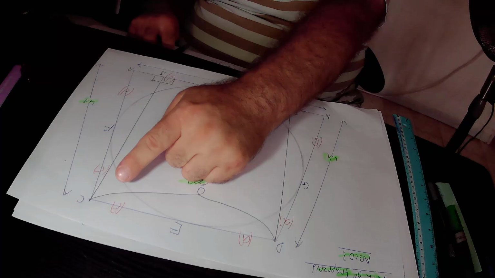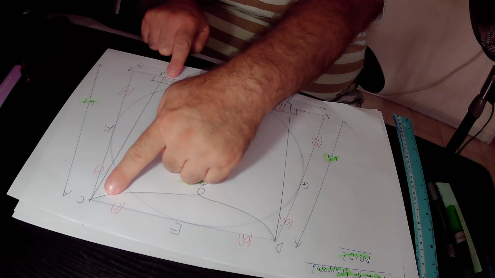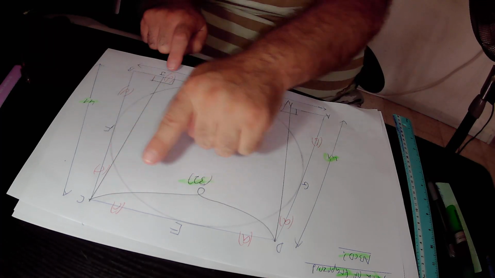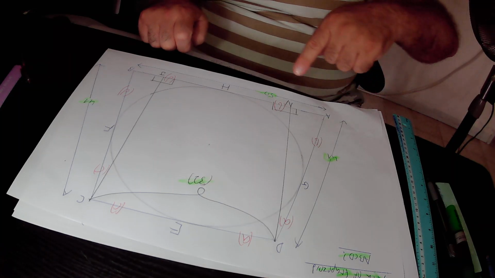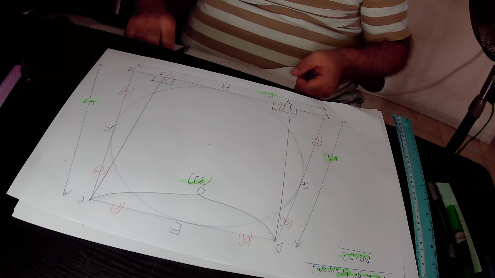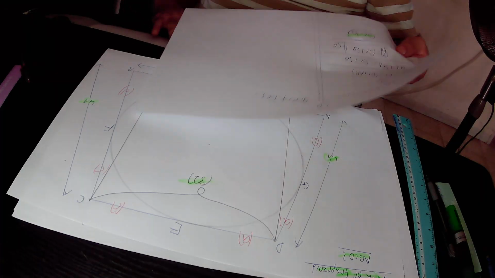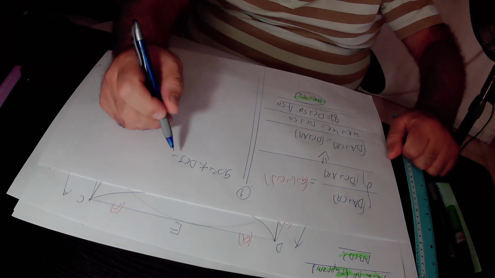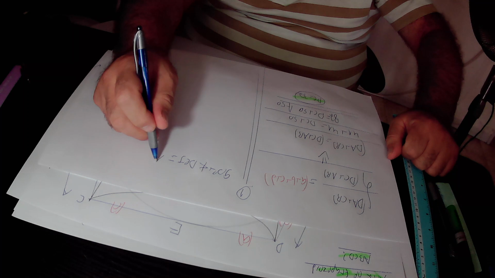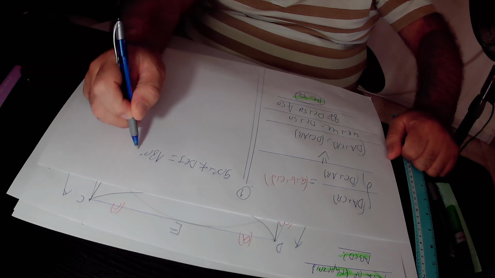So 90 degrees plus the missing angle DCJ must equal 180 degrees.